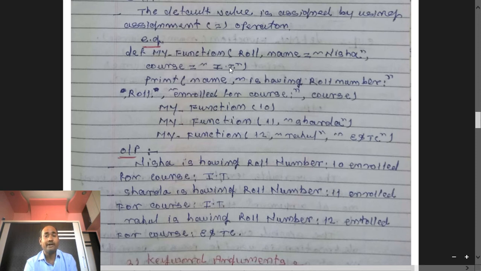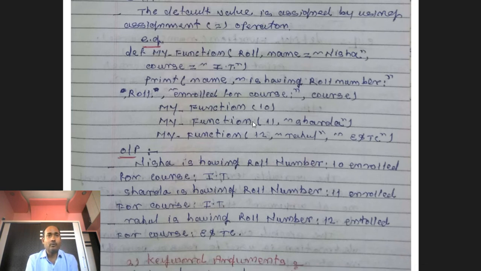So some values of the arguments are assigned by default using the equal to operator. Such values are taken by default, and these arguments are called default arguments.